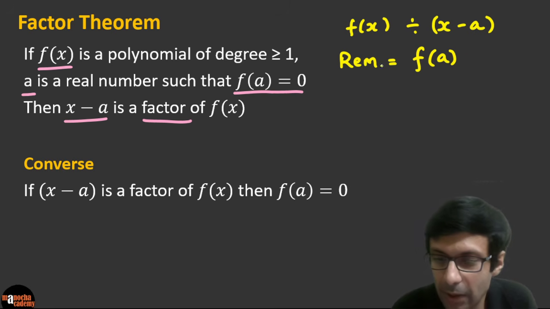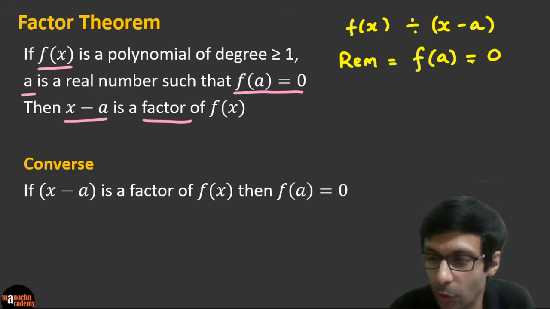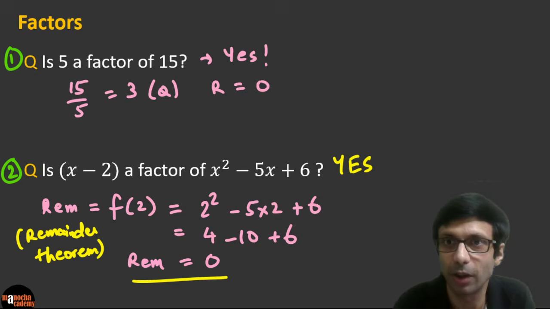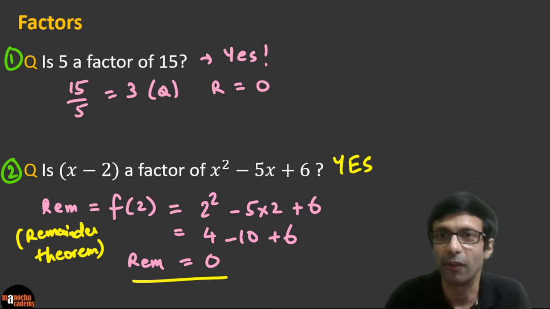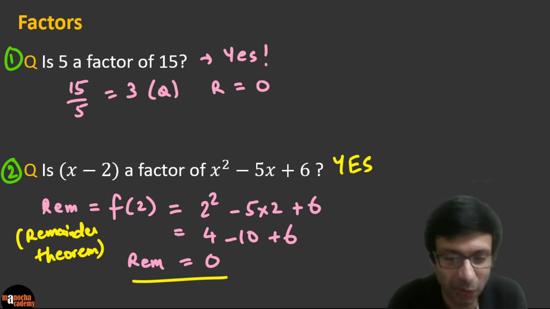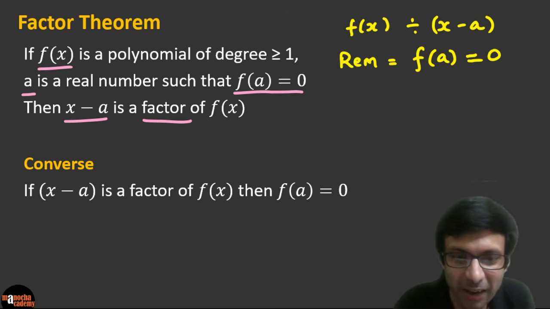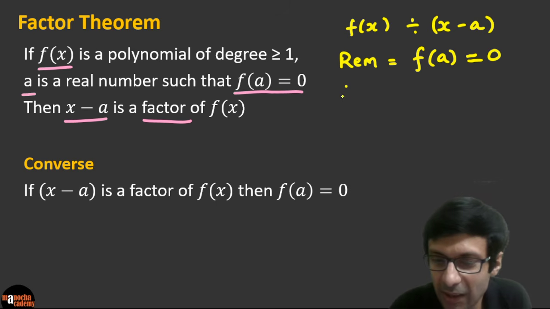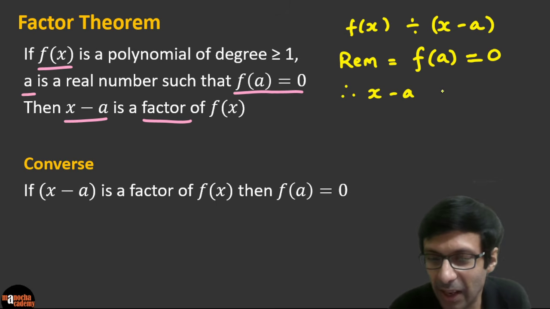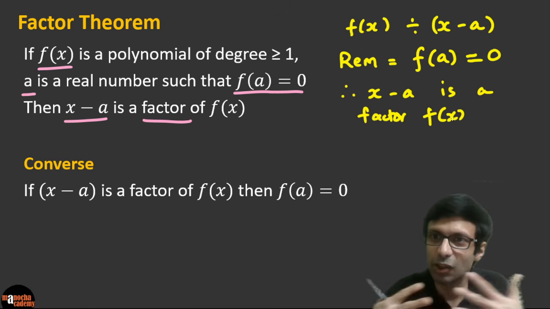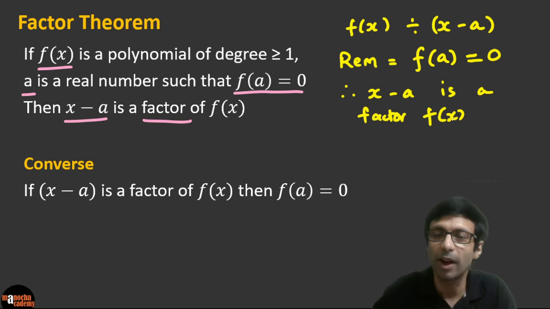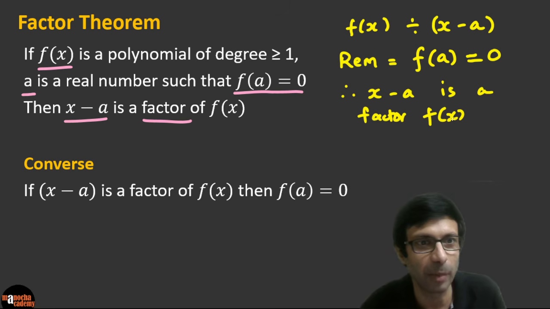And this statement is saying that f of a is 0. As we saw in the previous discussion, when the remainder is 0, it means it's divisible. It's a factor, right? Therefore, we can clearly say that x minus a is a factor of f(x). Simple, guys. So you can see that there's a connection between the remainder theorem and the factor theorem. In fact, the factor theorem is using the remainder theorem.